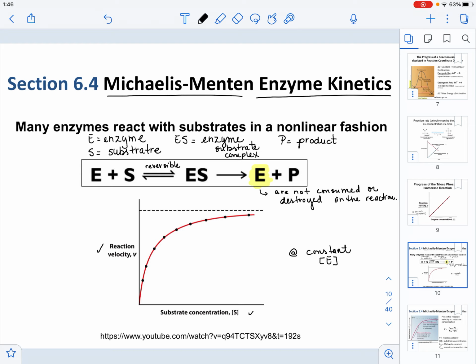Because in reality, when we have a specific enzyme catalyzed reaction, we are not going to be varying the amount of enzyme. What we tend to do is increase the concentration of substrate overall, and then we see the following pattern.